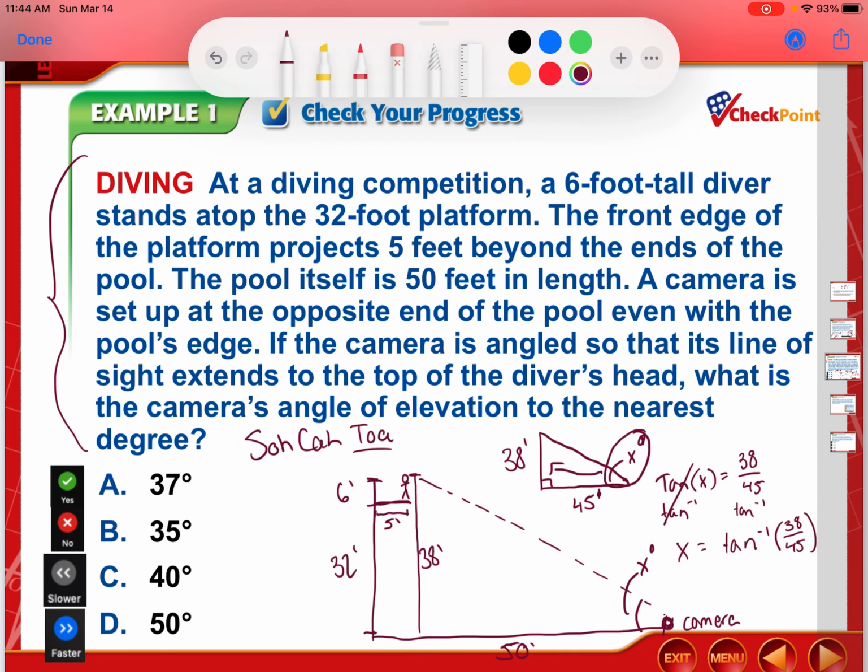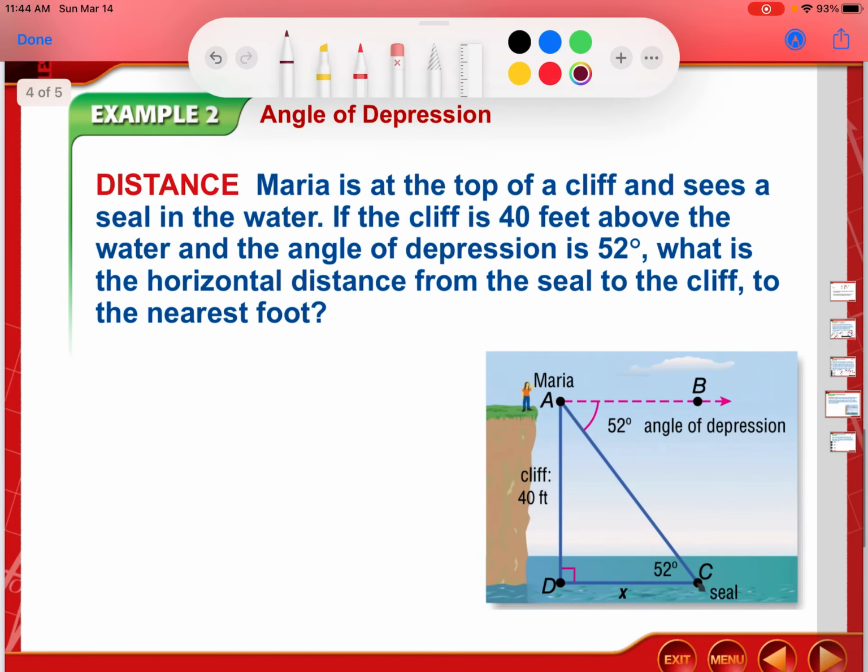Then we punch that into our calculator. Second tan, little fraction, 38 over 45. And we are left with 40.179, or C.